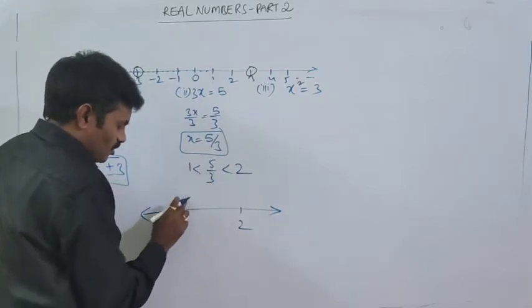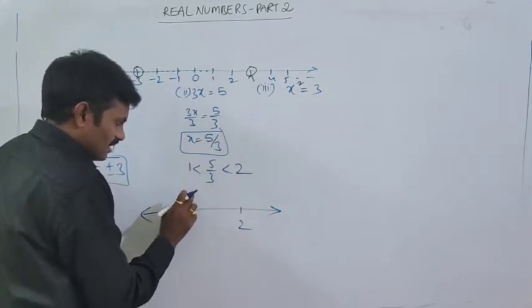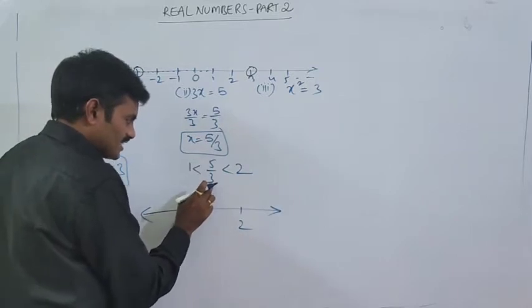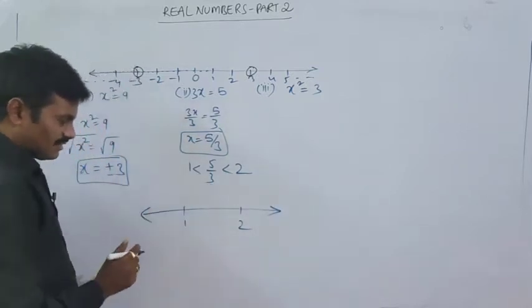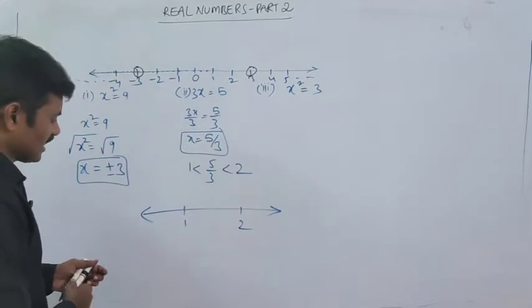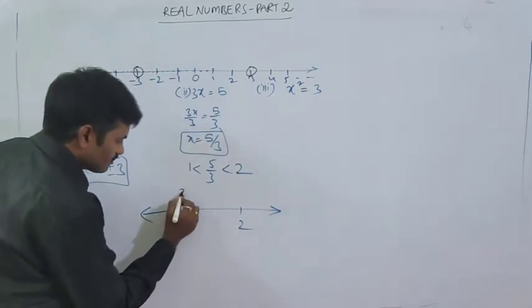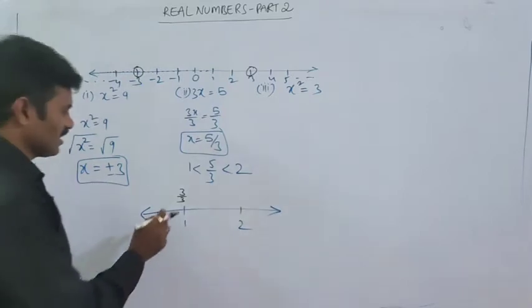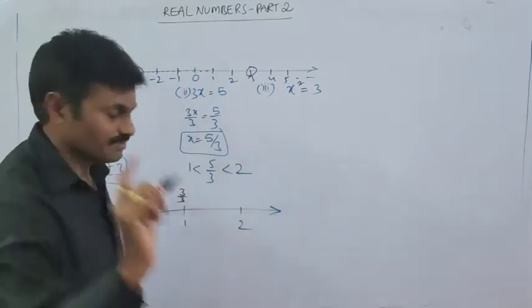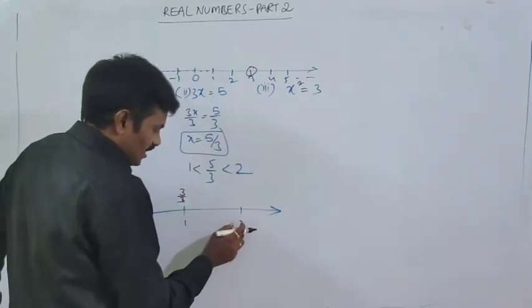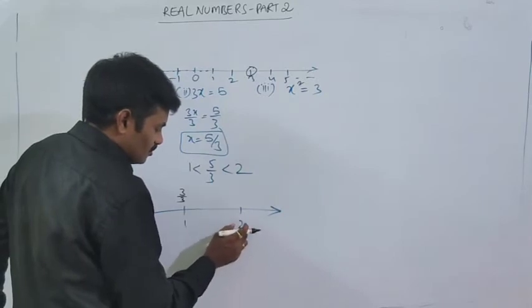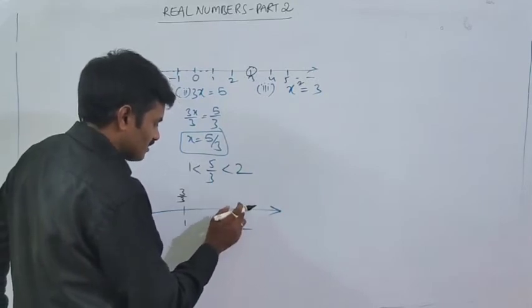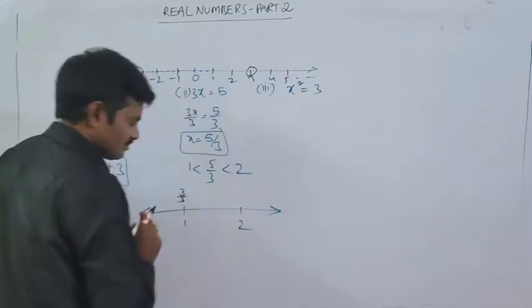Now this is more than 1. So how to represent 1 as a fraction having the denominator 3? Shall I write this 1 as 3 by 3? Will you agree with this? Yes, because the value of 3 by 3 is 1. Can you write the value of 2 as a fraction having the denominator 3?